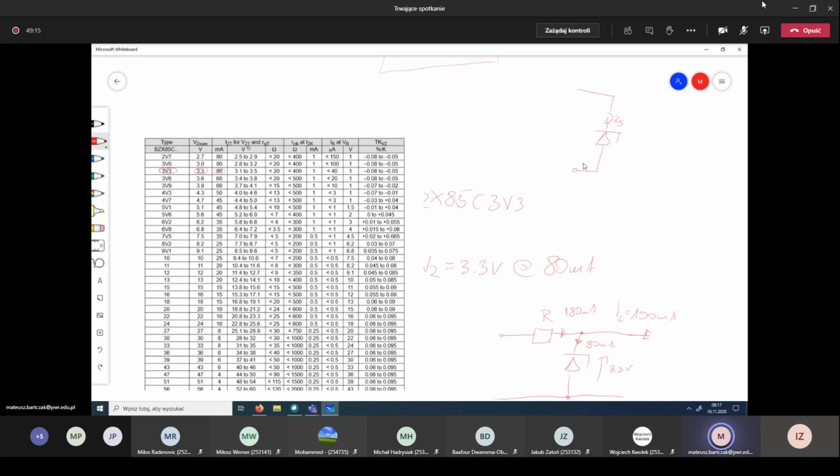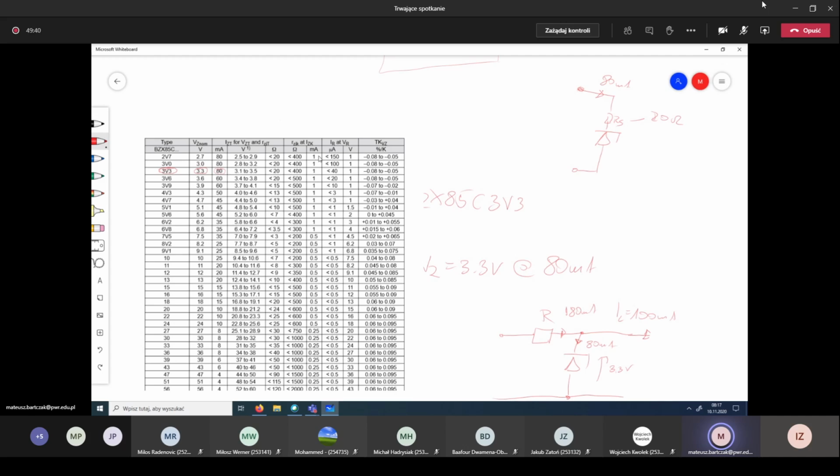This is not linear, so it's a non-linear resistance, and here we have two test conditions. When we have 80 milliamps, this resistance RS is less than 20 ohms.